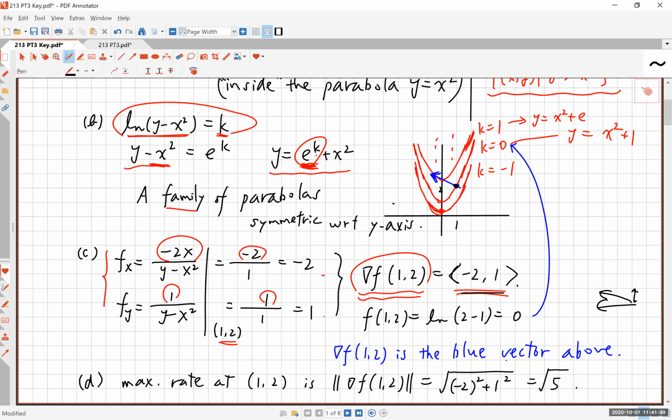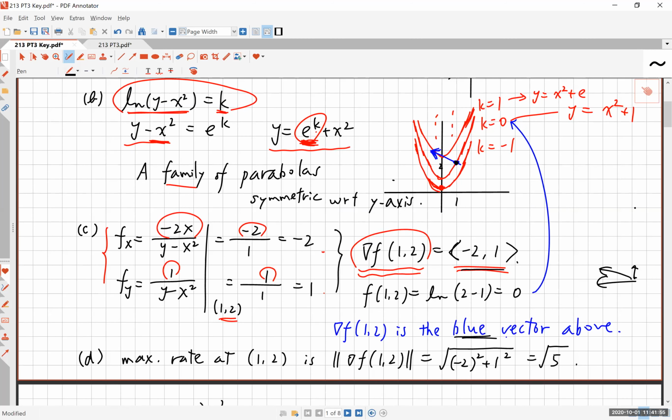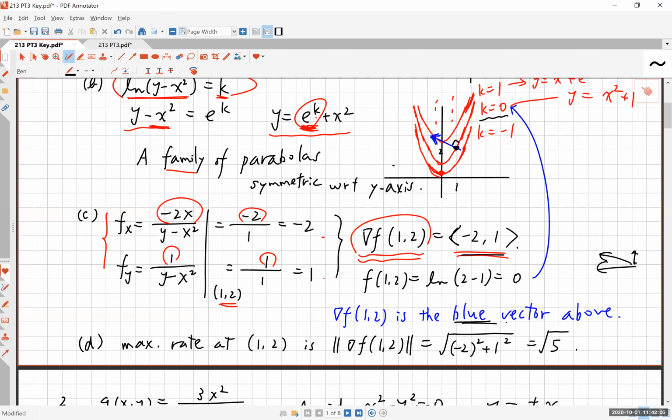That's what I drew here in blue. The blue vector drawn here is the gradient at the point (1, 2). And notice here, of course, it is perpendicular to the level curve where k is equal to 0. This is perpendicular as we expect, because that's one of those properties of the gradient vector.